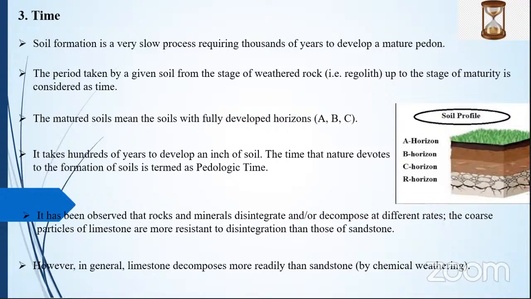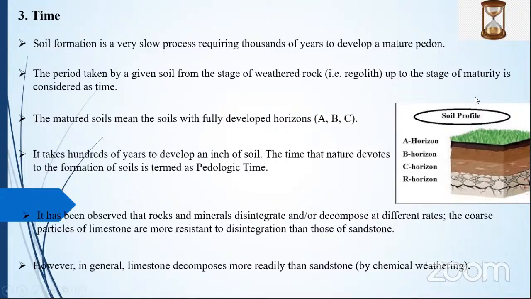Once started, the decomposition rate of lime is more than sandstone by chemical weathering. In the physical situation, limestone resists weathering when compared with sandstone. At the same time, in chemical decomposition, limestone decomposes much faster when compared to sandstone. Like this, the pedological time for soil formation will have different conditions for different minerals or different parent material.